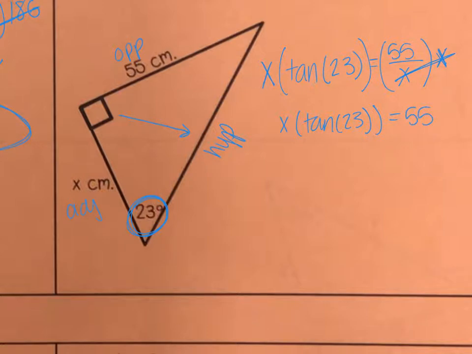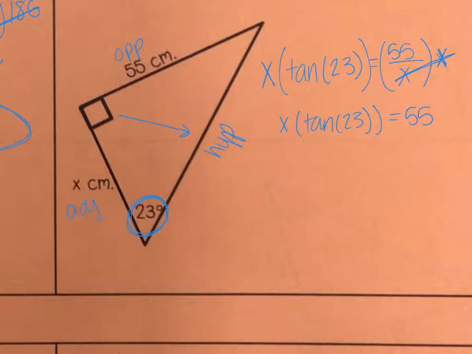All right, so I get here and I ask myself, is X by itself? No. It's being blocked by that tangent 23. Otherwise, it would be by itself. So what is the operation that is happening? Are we multiplying, dividing, adding, or subtracting?